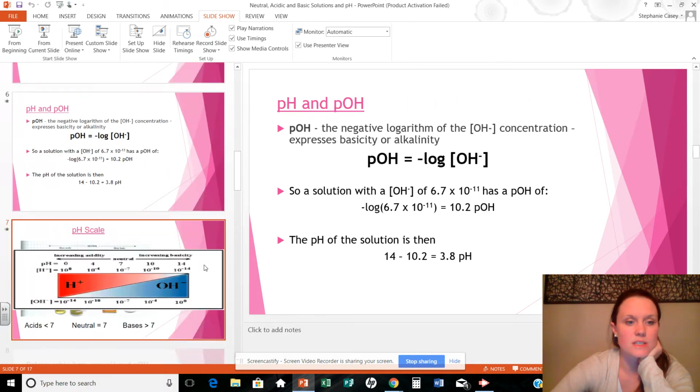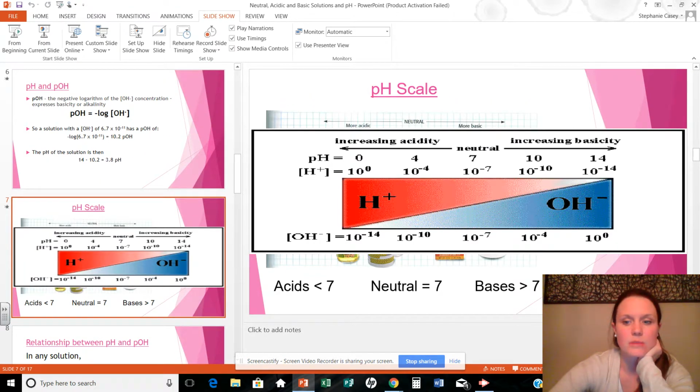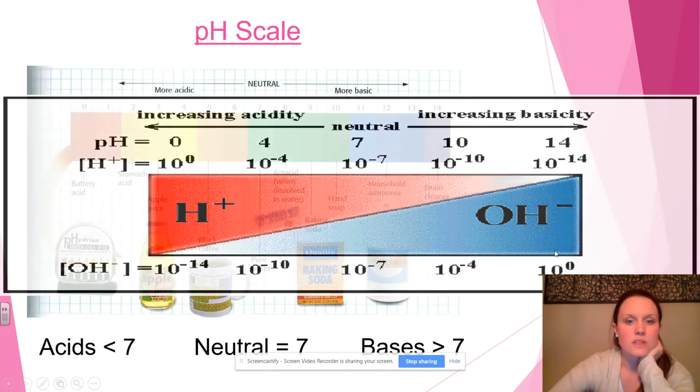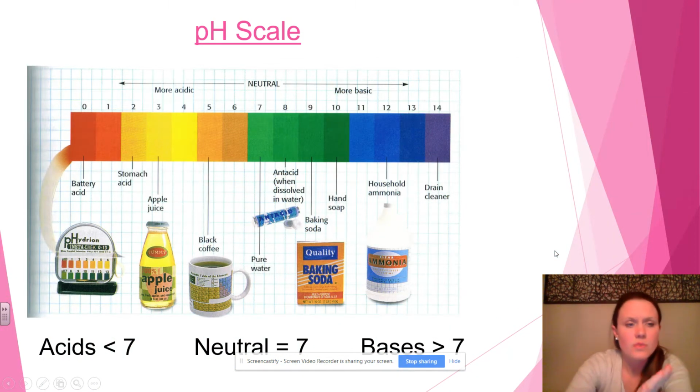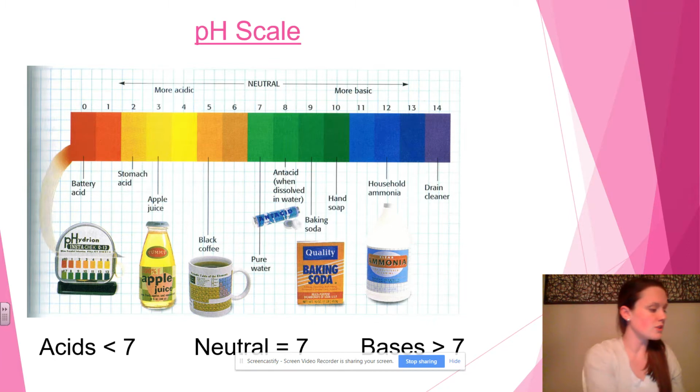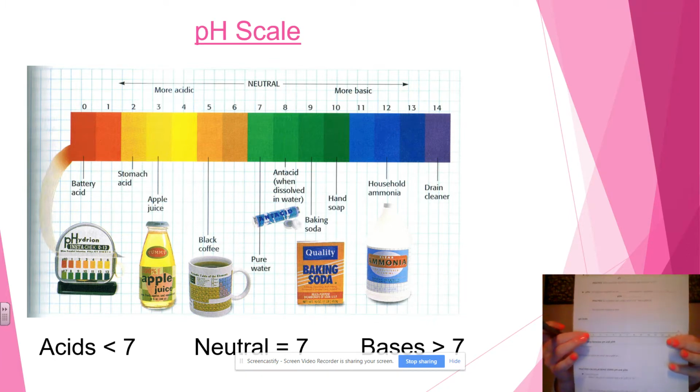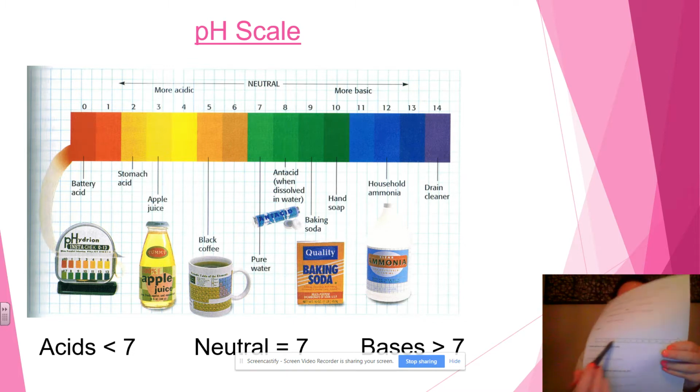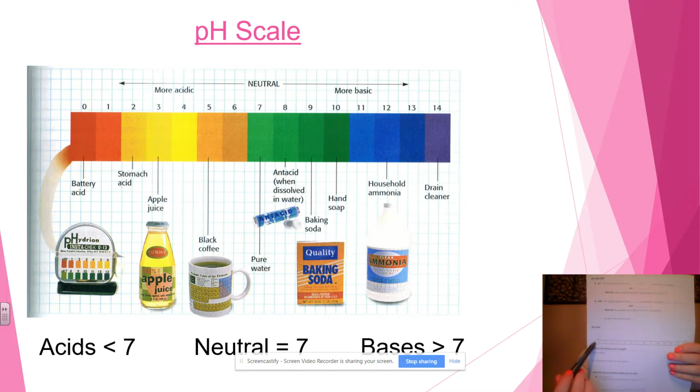So on your paper, what we're going to talk about next is the pH scale. Now the pH scale goes from 0 to 14. On that scale, 0 to 6.9 is acidic. So what I'd like you to do on your notes, where you have the scale, is write in where the acidic pHs are, from 0 all the way to just before 7.